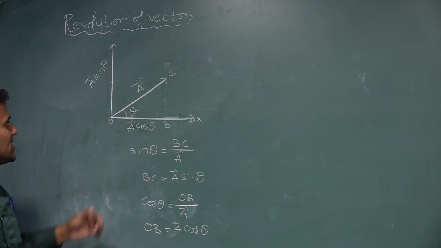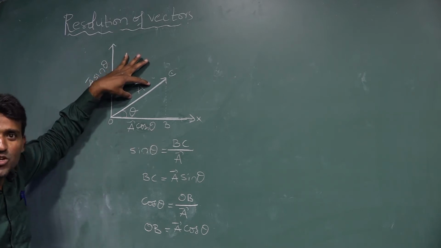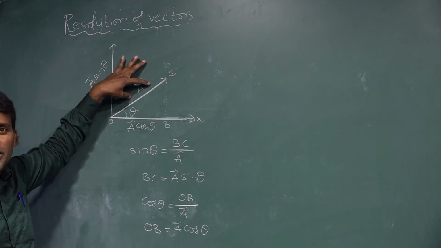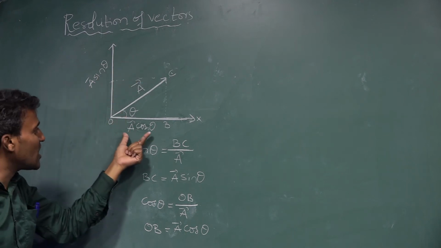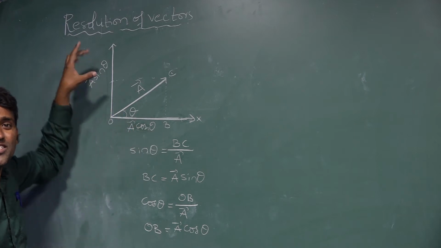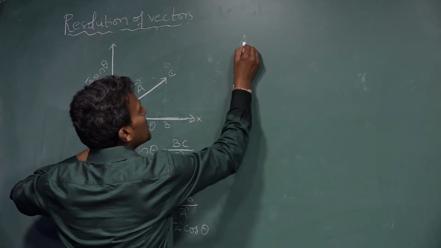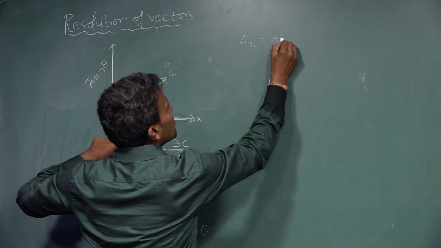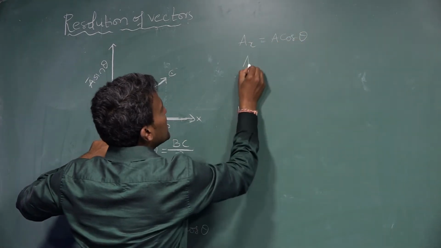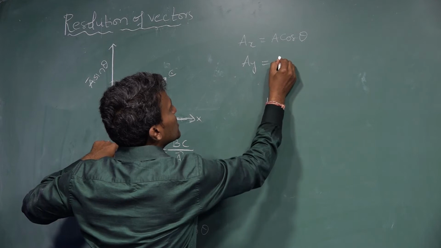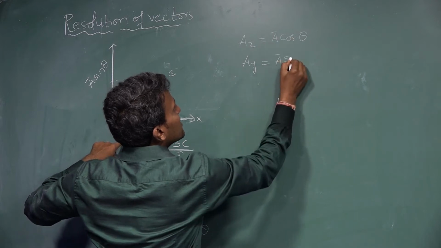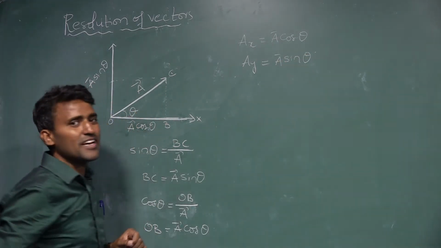Now we can write here, the A vector is resolved into two components. One is the horizontal component, one is the vertical component. Horizontal component AX is equal to A cos theta, and vertical component AY is equal to A sin theta.